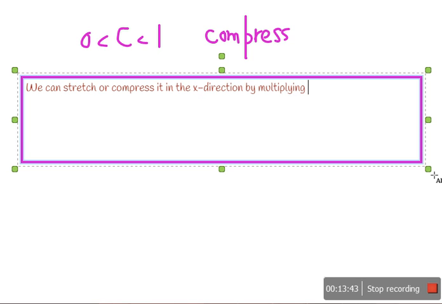By multiplying x, and remember, wherever x appears, you have to multiply it by a constant, any constant.